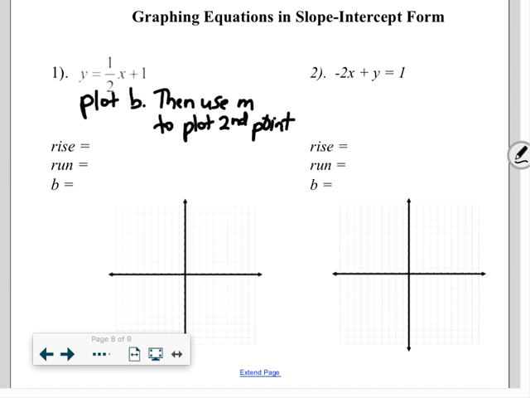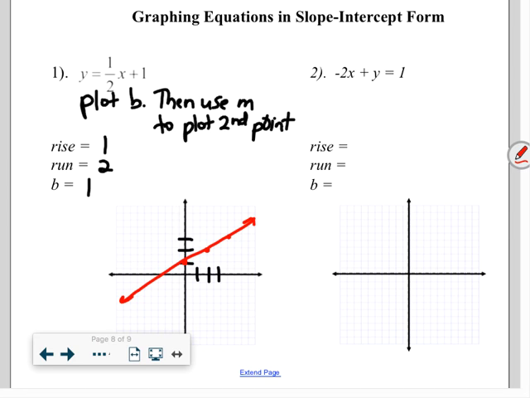You're like, now how did I do this if you happen to not remember? So the rise was 1, the run is 2, and the y-intercept is 1. So I'm going to plot, my y-intercept is 1, and then I go up 1, right 2, up 1, right 2. And notice, the slope is positive, and this line rises from left to right.